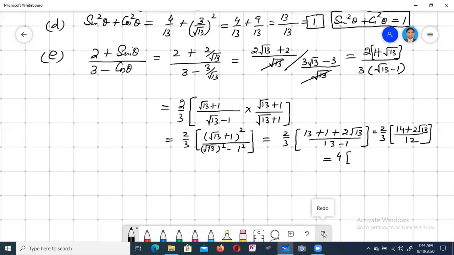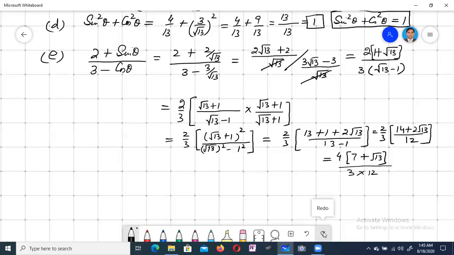That 2 and the outside 2 will be 4. Inside what it will be, 2 is common, then out of 14 inside will be 7. Then 2 is from 2 square root 13, that 2 also common, then plus square root 13. In denominator, this 3 into 12 is there.